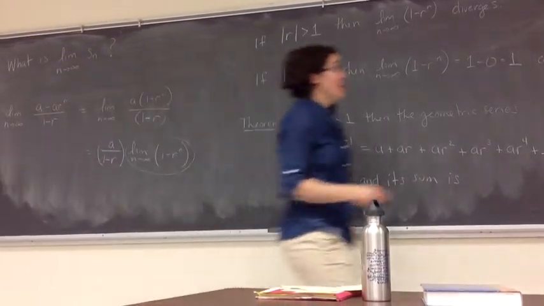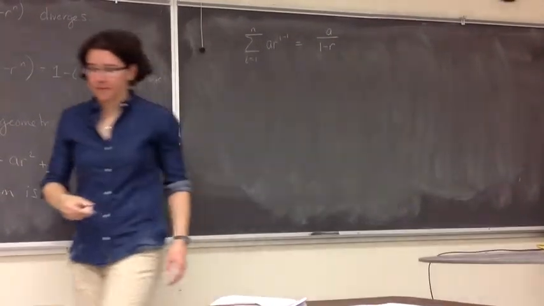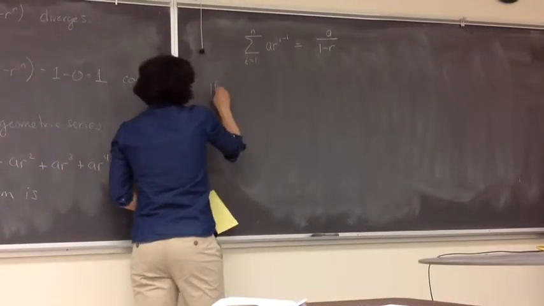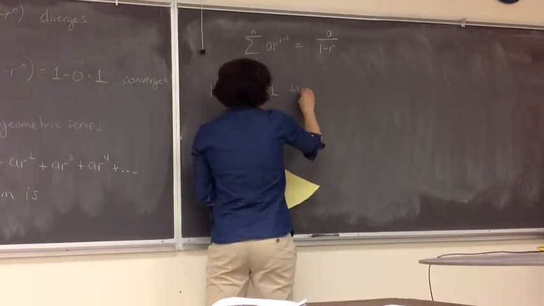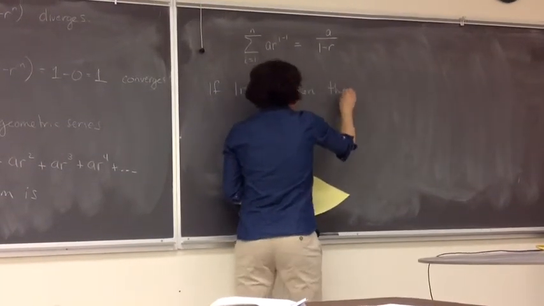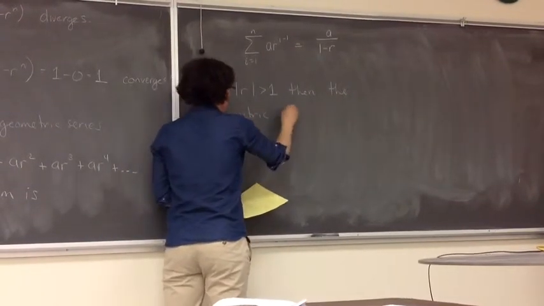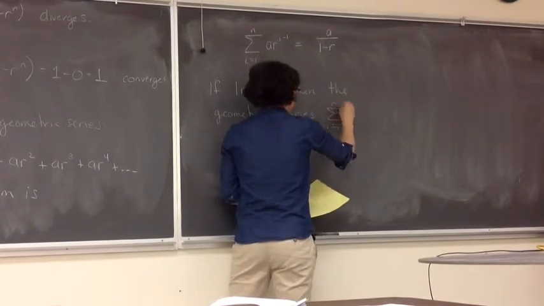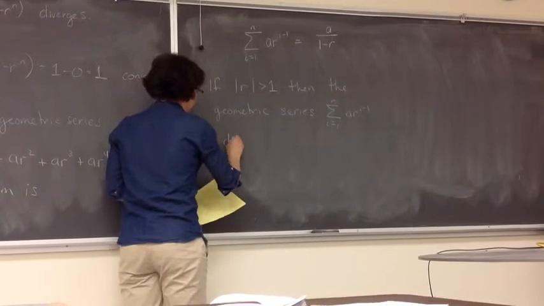And so if the size of r is less than 1, then this sum is equal to a over 1 minus r. And if the size of r is greater than 1, then the geometric series given by the sum where i goes from 1 up to n of a r to the i minus 1 diverges.